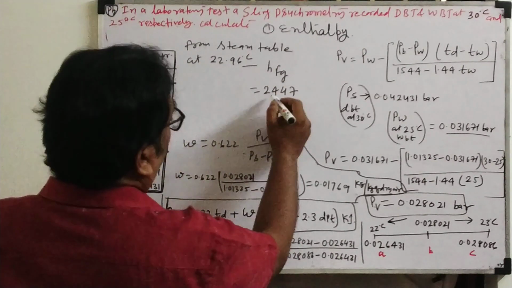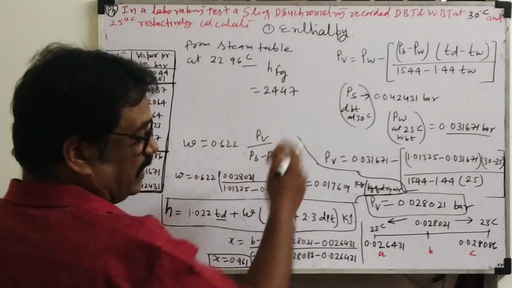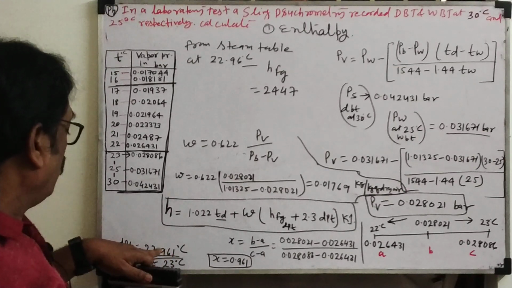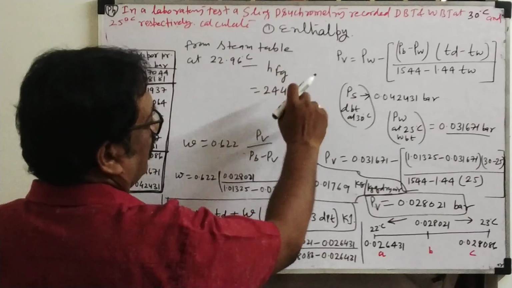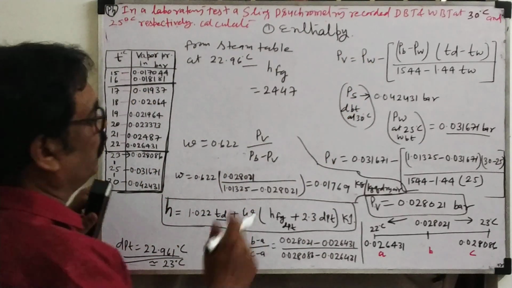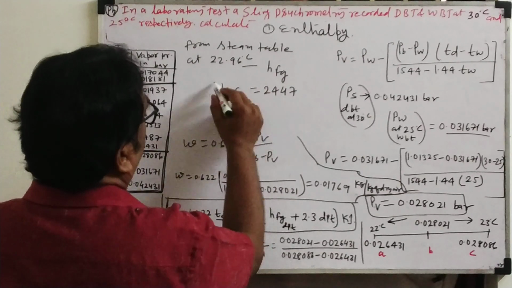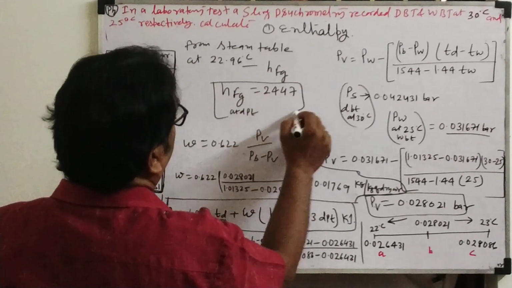Actually, the value in the steam table is 2447.2, but we are taking approximately 22.961, almost 23. The 0.2 value was there, but I removed it and did not write it. So this is the HFG value at the dew point temperature.